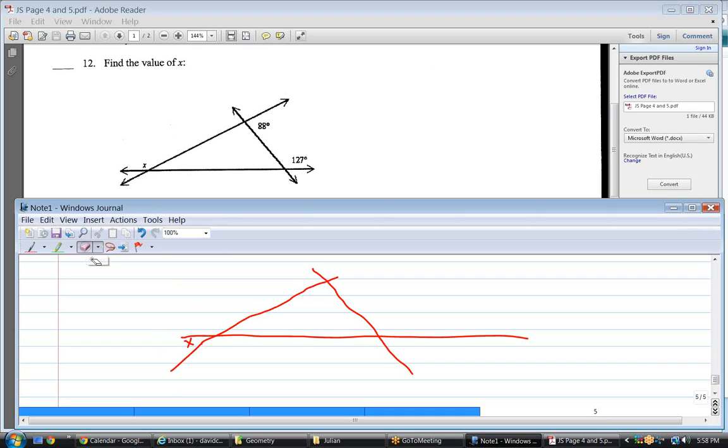I labeled it wrong. This is x. What's this? Let's not even worry about that for the moment. x is not the place to start. The place to start is with information that they give us that allows us to figure out other stuff. Well, they give us these two angles. What can we figure out from those two angles? The interior angle? Yeah. What's this angle here?